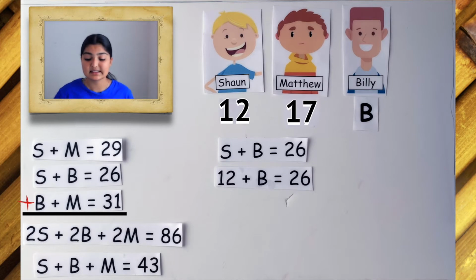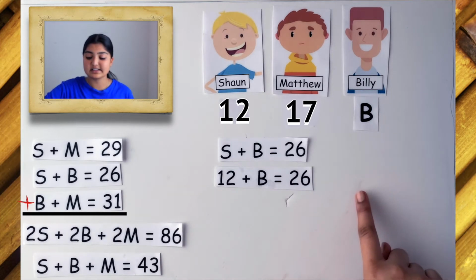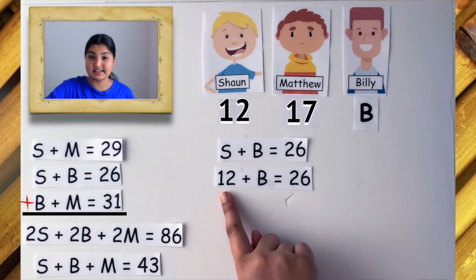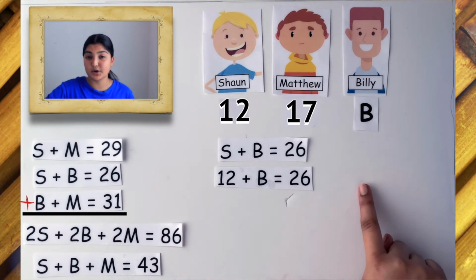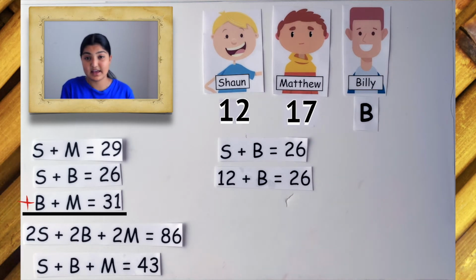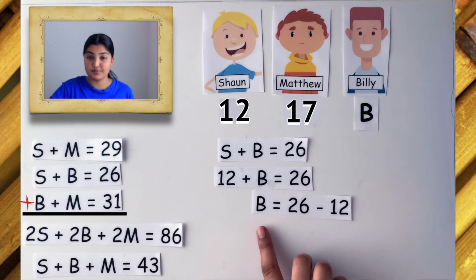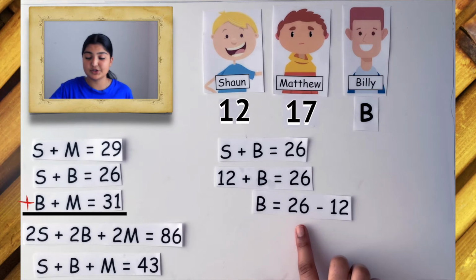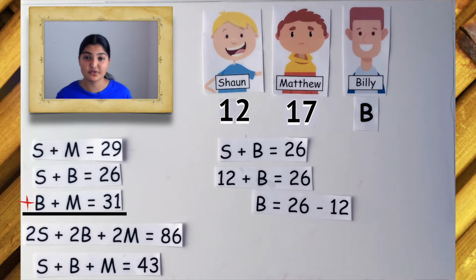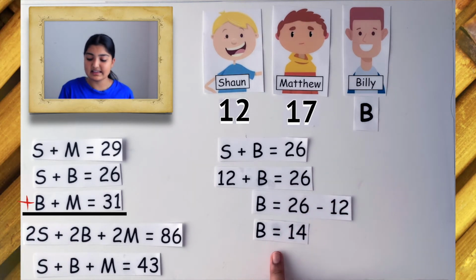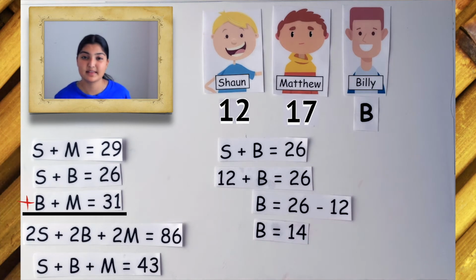Now, let's take 12 to the right side of the equation. Here it is positive, so on this side, it will subtract. B is equal to 26 minus 12, or B is equal to 14.